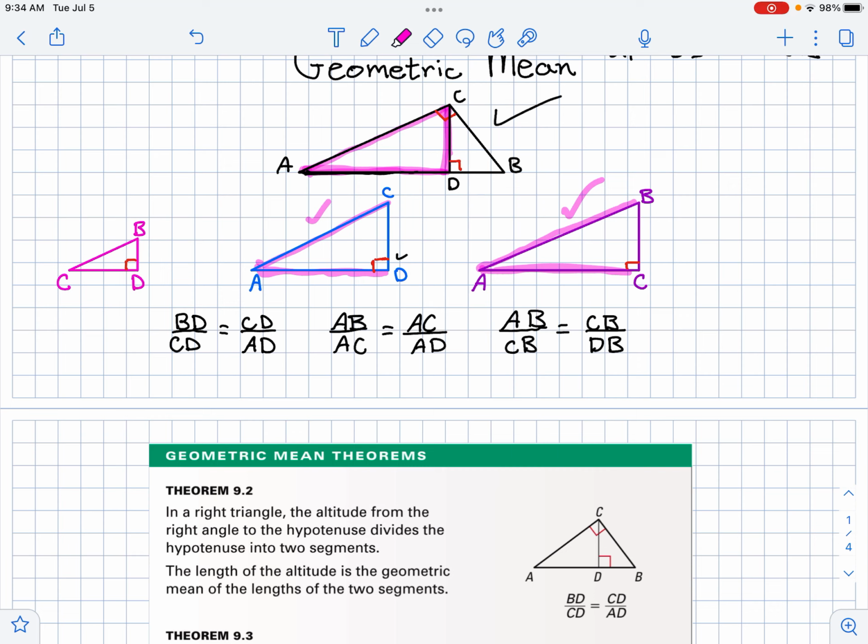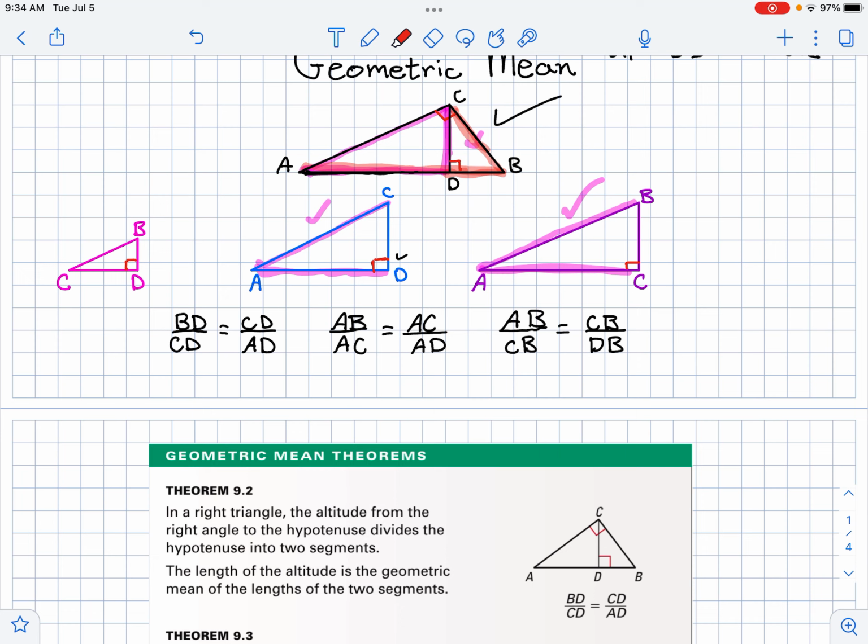Now, it's going to work the same way over here for this other triangle. Notice I have AB is to CB, there's the hypotenuse, as CB is to DB. Once again, we have the entire side over here, AB. AB is to the hypotenuse what the hypotenuse is to the smaller side.